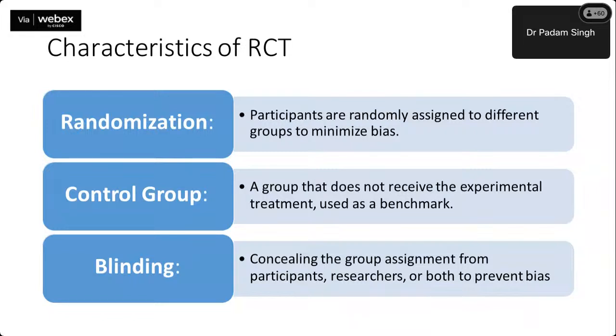It serves as the benchmark. इसी के against में हम compare कर रहे हैं intervention को. And we do blinding as well at times, and this blinding is for concealing the group assignment. Okay, this blinding is with participants, researcher or maybe both, and many more. Next.